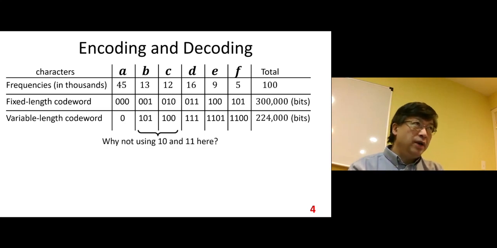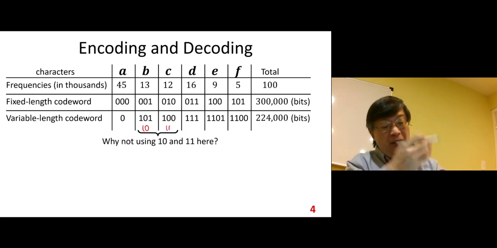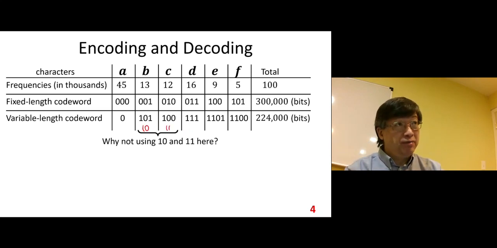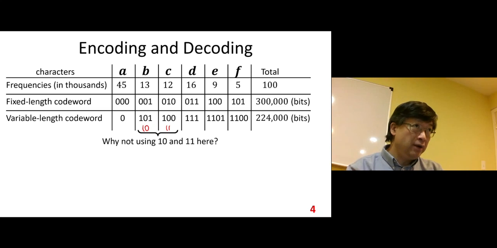Here, let me ask another question. Why not use 10 and 11 here? Then we can make fewer number of bits, right? That question we need to answer. Otherwise, we may do it in a wrong way, right? So we need to answer that question.